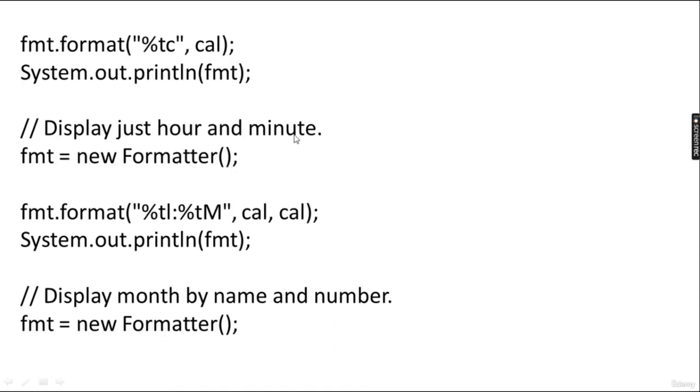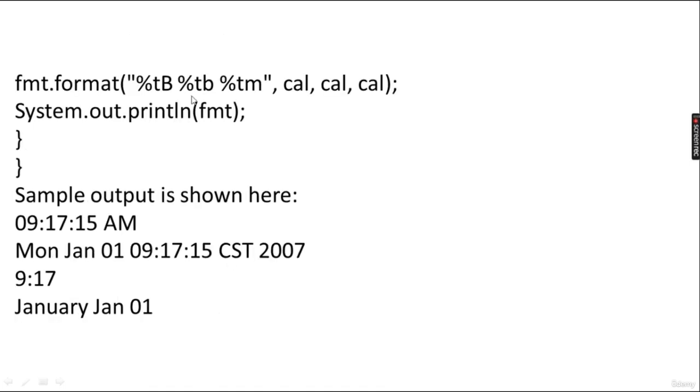Then display just the hour and minute: %tl colon %tm, calendar object. So it will be for hour and minute. Display the month by name and number: %tp, %tm, calendar object and calendar object.